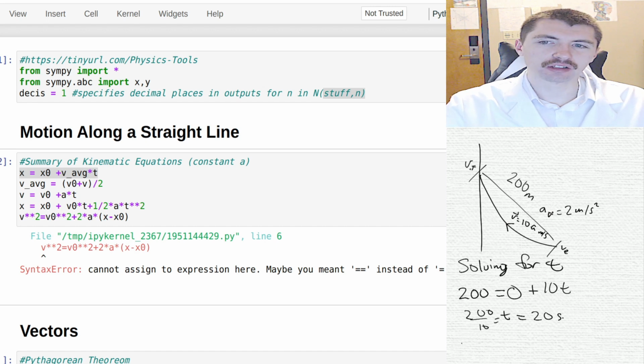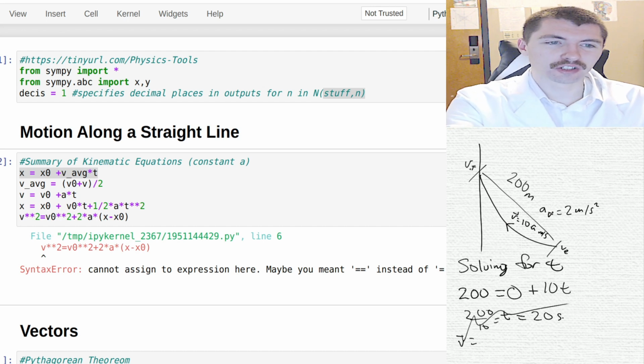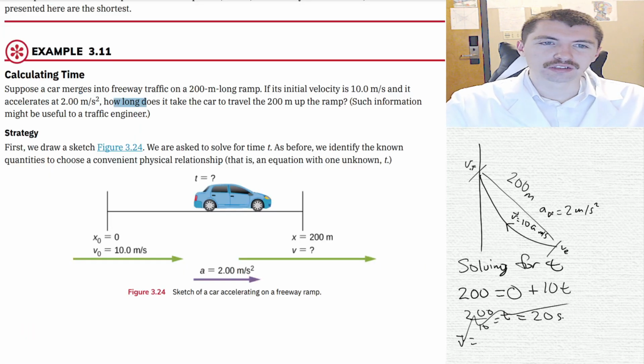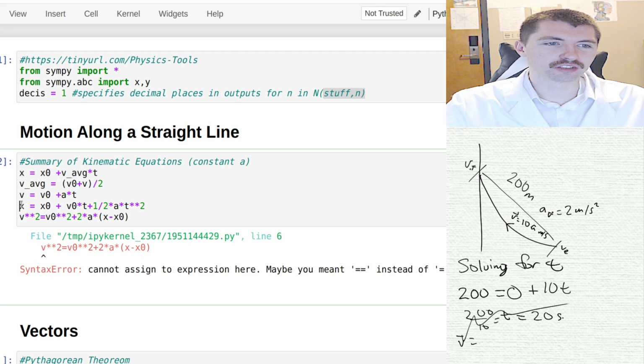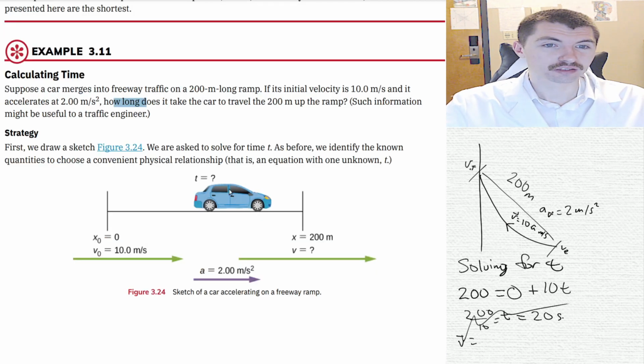I found v average is v plus v divided by 2, so maybe it's 5. But again, doesn't matter because it's not using our acceleration. So let's see what the book's saying. My guess is it's this one, but again, that looks like a headache.